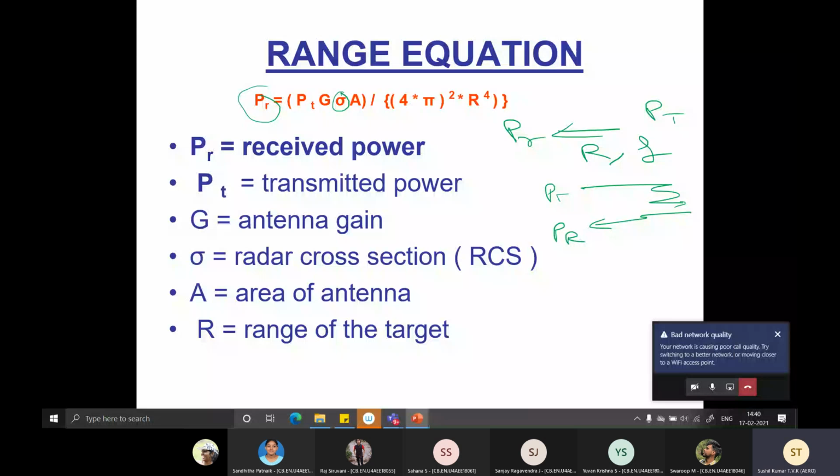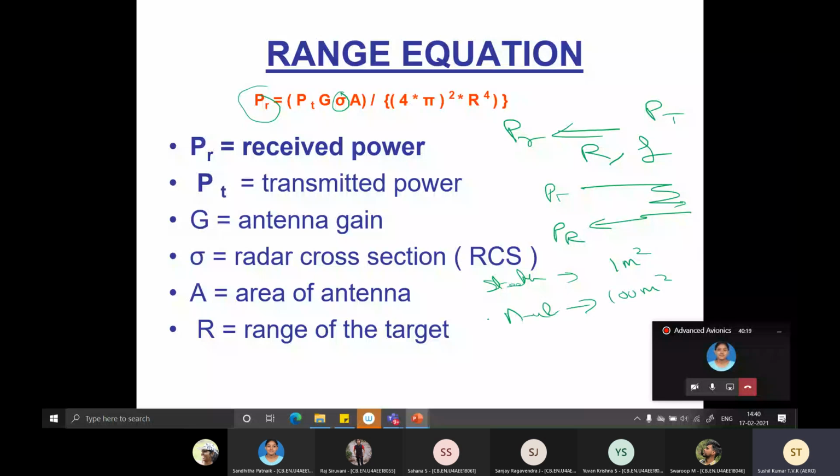RCS is defined for every aircraft. Stealth aircraft have less than 1 square meter, whereas airliners can go up to 100 square meters. Depending on the aircraft, sigma changes.